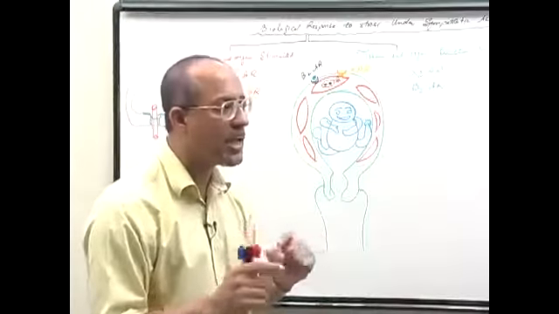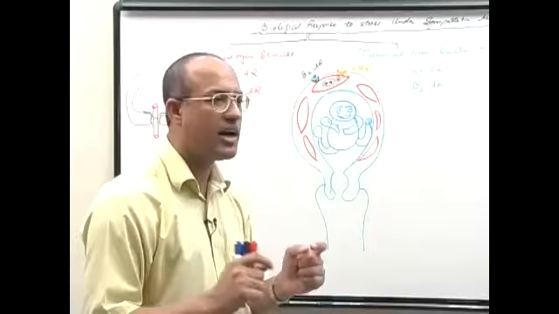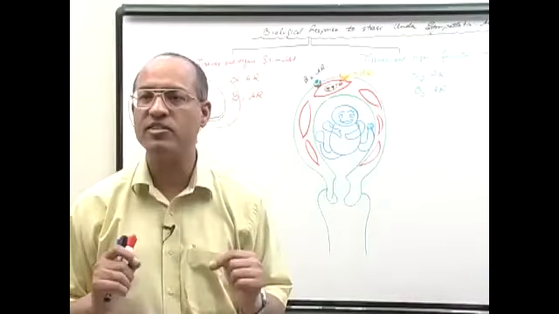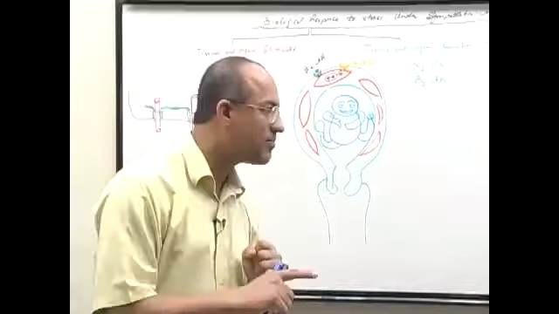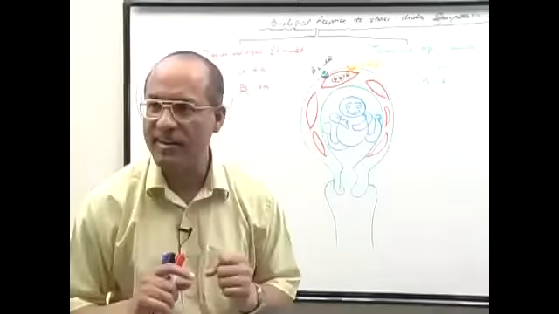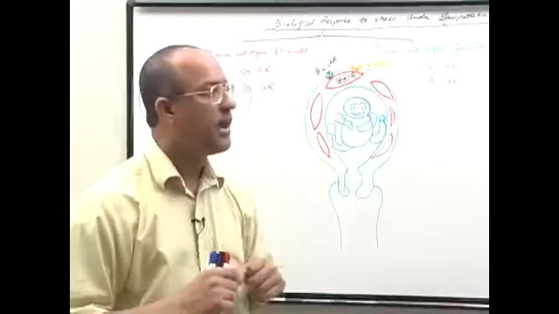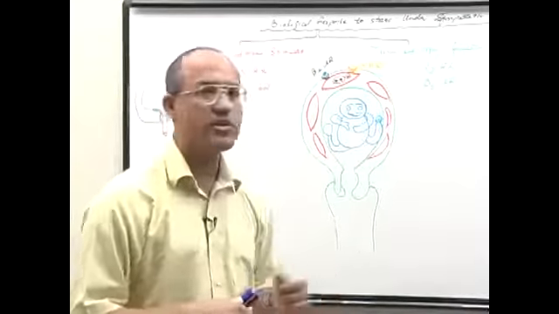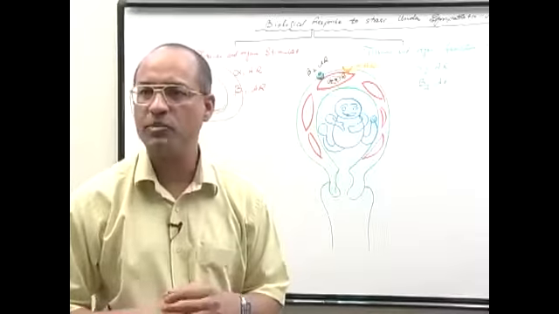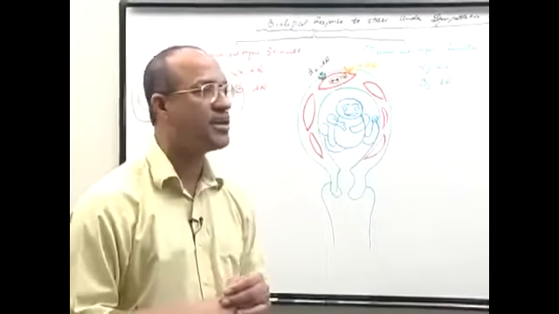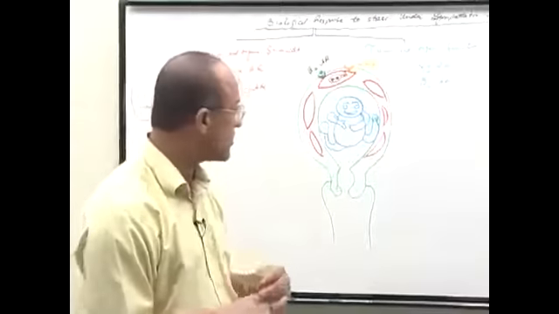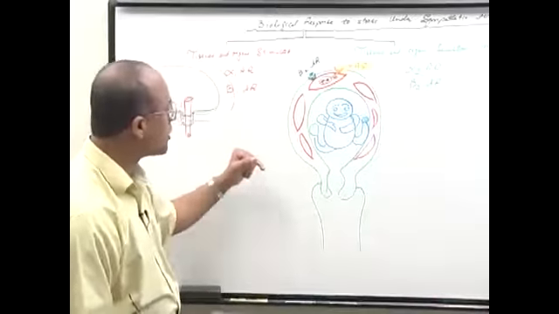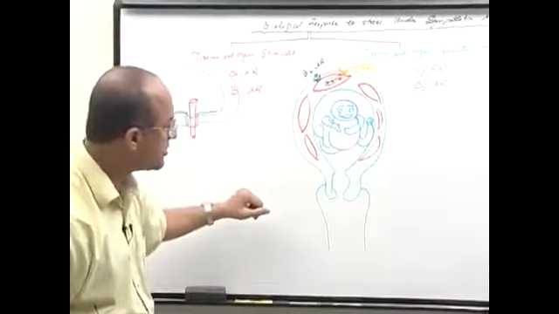Both these mechanisms in male and female are stimulated by the parasympathetic nervous system. But in male, ejaculation, and in female, orgasm, is mainly mediated by the sympathetic nervous system. And for the sympathetic nervous system, we'll talk later in detail when we talk about the male urogenital system.